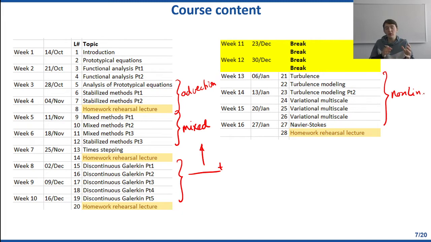And for each of these difficulties, we'll find a simplified equation that represents specifically that challenge, either the advective challenge, the mixed challenge, or the nonlinear challenge. And then we can analyze that equation a little better, understand why this is a problem, and we're going to talk about how to solve something like this.